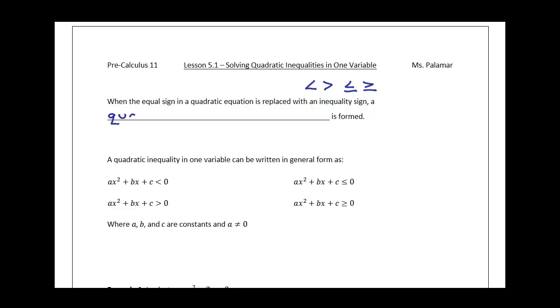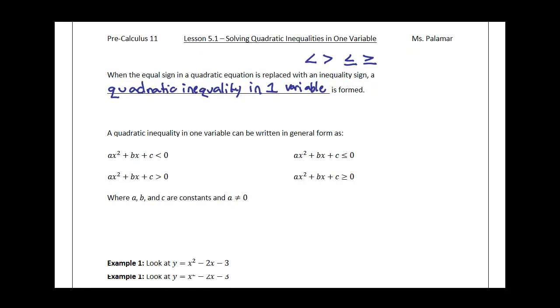A quadratic inequality in one variable is formed. So a quadratic inequality in one variable can be written in general form as so.